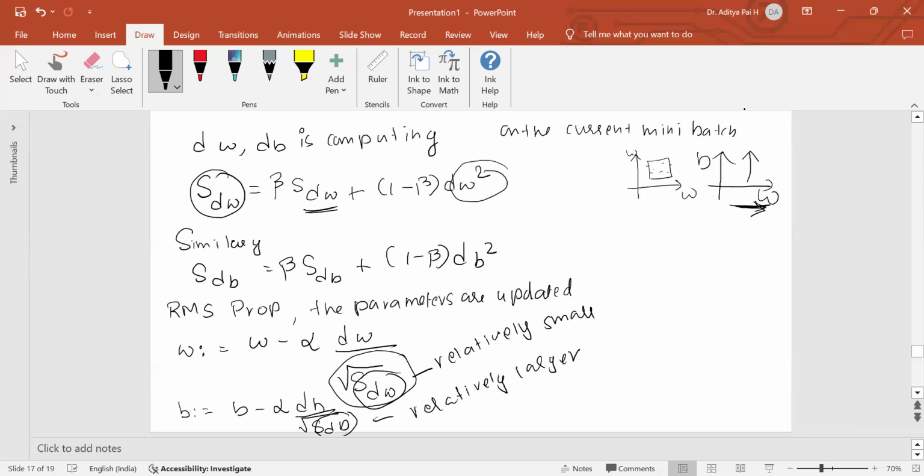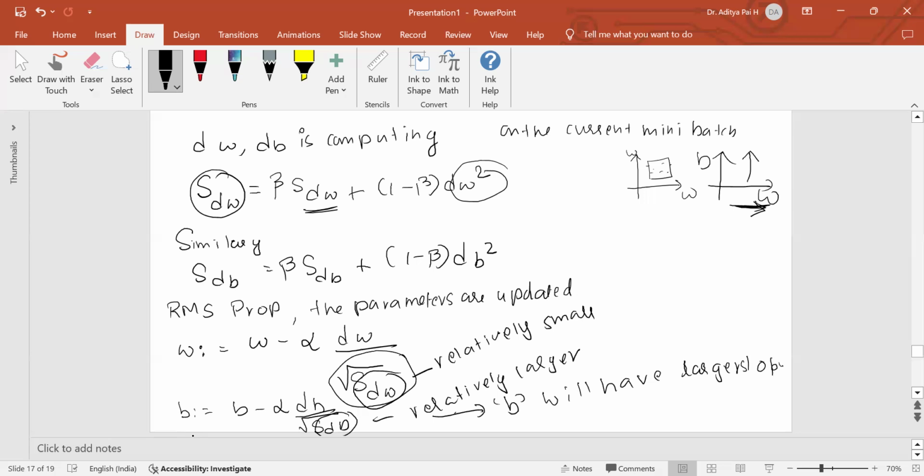And when I compute b equal to b minus alpha db divided by root of sdb, it will be relatively larger. So the slope is very large in the b direction. Since the root of sdb is a little large, b will have a larger slope.